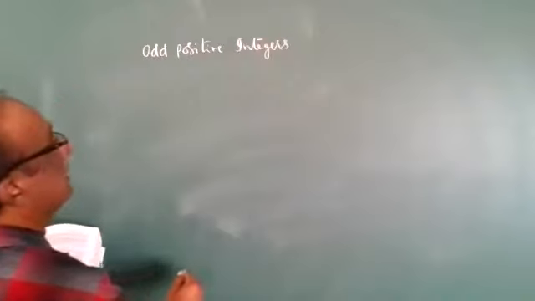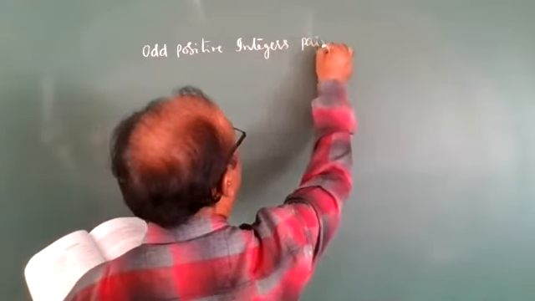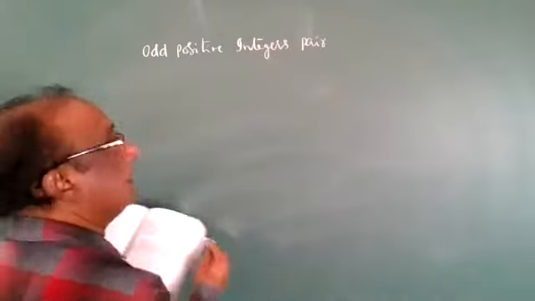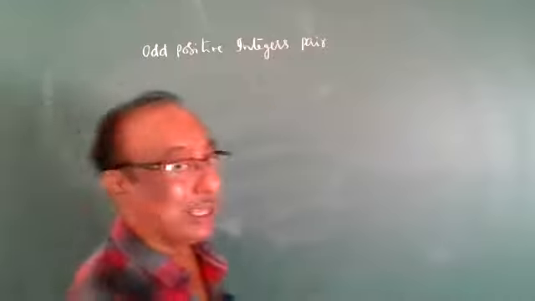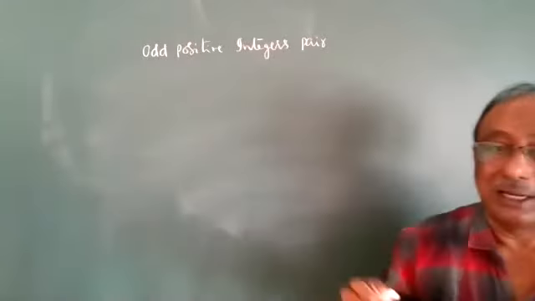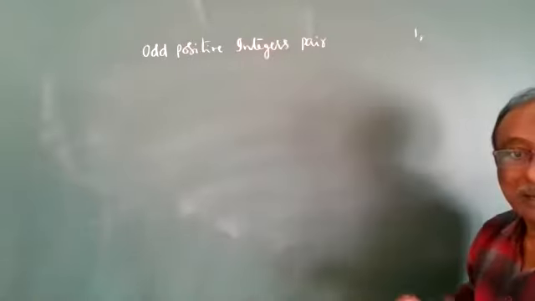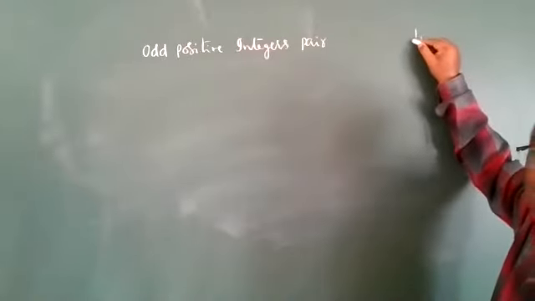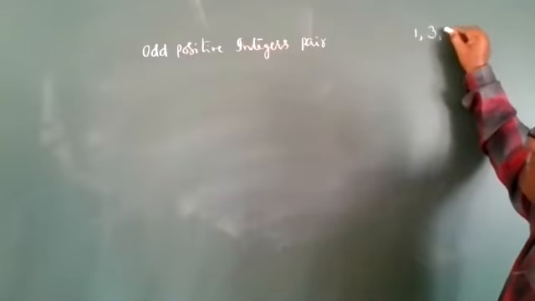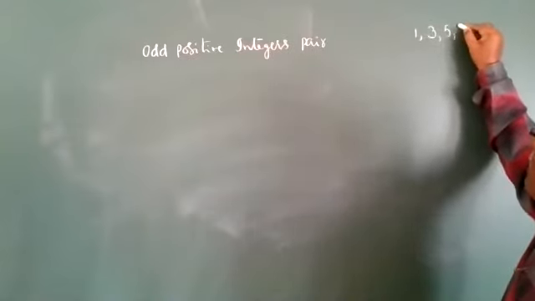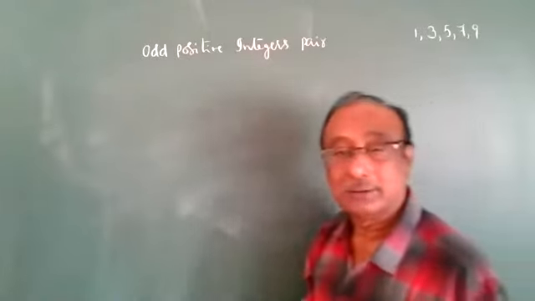Odd positive integer pairs are required, that are below 10. I will take the odd numbers below 10, everyone see. 1 is an odd number, 3 is an odd number, 5 is an odd number, 7 is an odd number, 9 is an odd number.